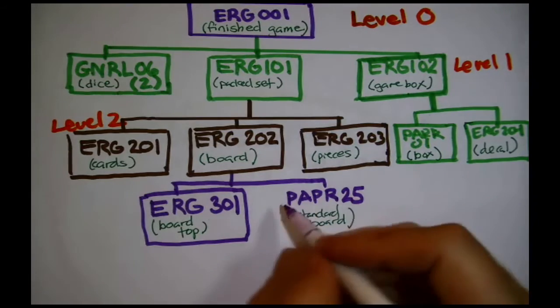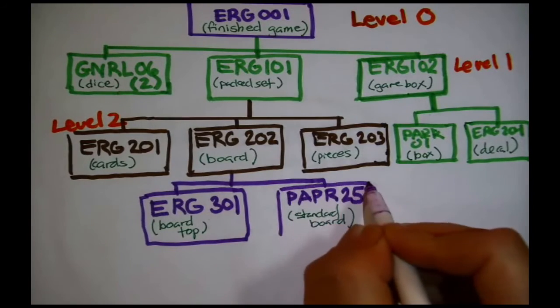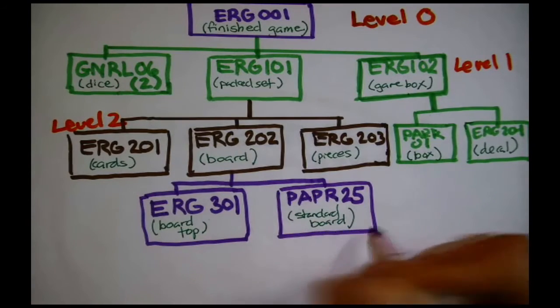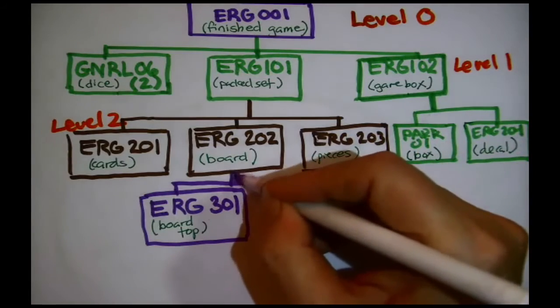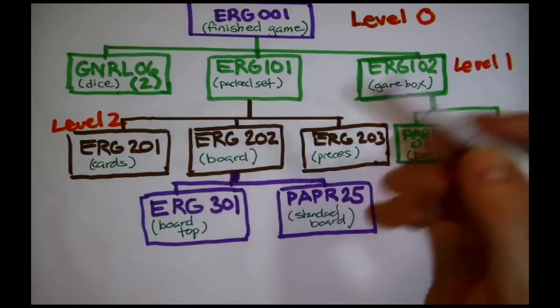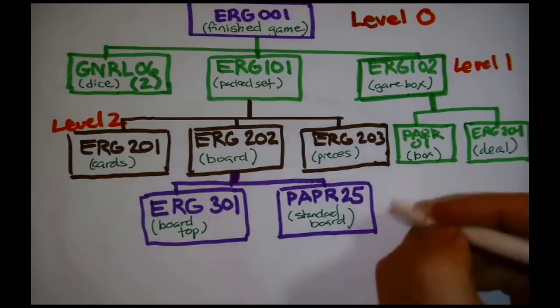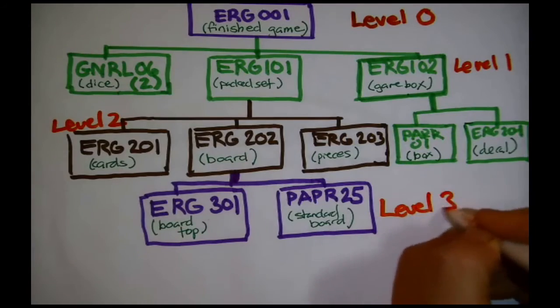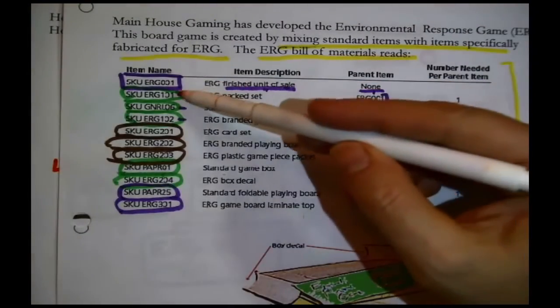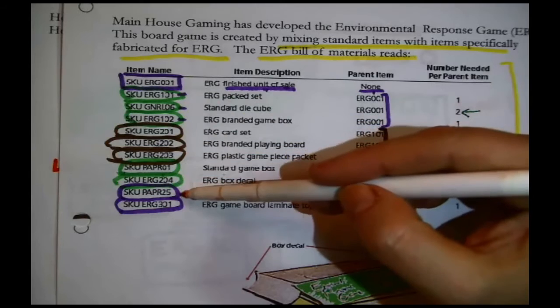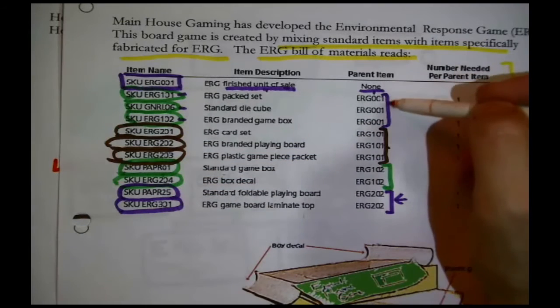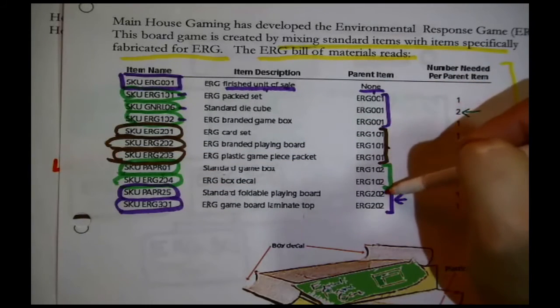That is also a child item. Make sure they are connected up to the right parent, ERG 202. Yes. Now at that point, we're all the way down here on level 3. This is what we would call level 3. There we go. We double check, put everybody on the product structure diagram, yes, and attached them to the correct parent.